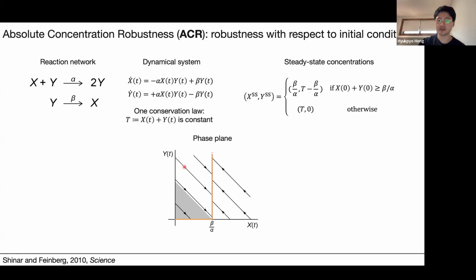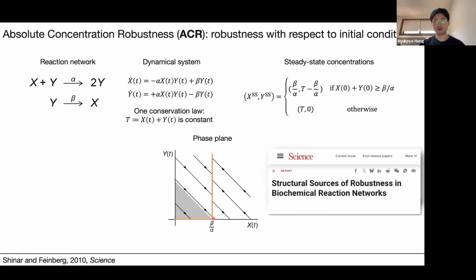If you start from this initial condition, then it approaches this vertical line. And if you start in this gray region, then it approaches the orange line, but it touches the boundary on the x-axis. So this is a famous example from the paper from 2010.